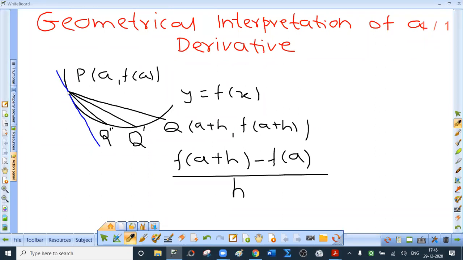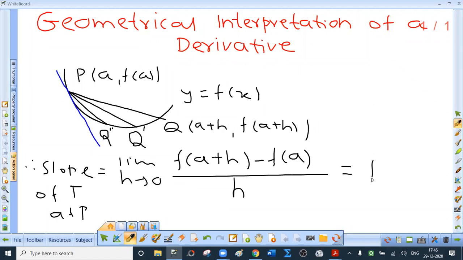But you will appreciate this, that as Q approaches P, h approaches 0. So can I say that limiting value of the slope of secant as h tends to 0 is nothing but slope of tangent, and therefore I can say that slope of tangent at P is nothing but limit h tends to 0 of this.